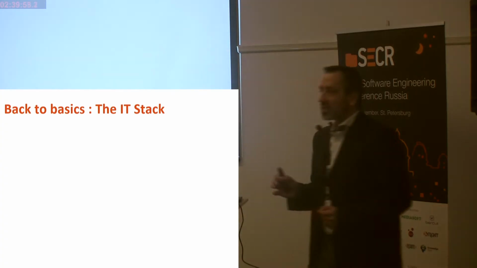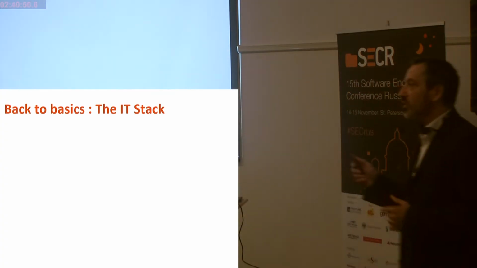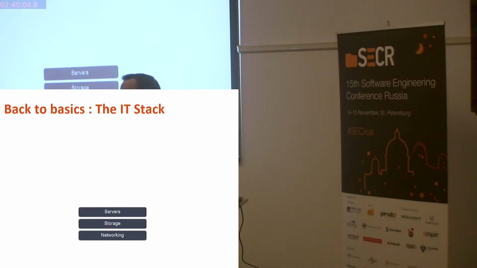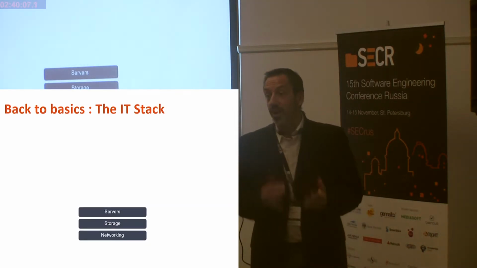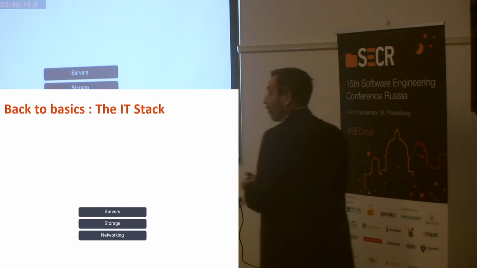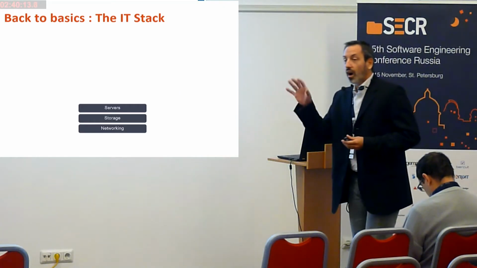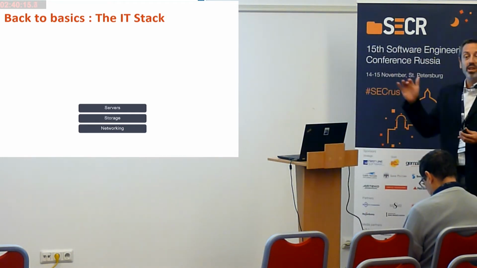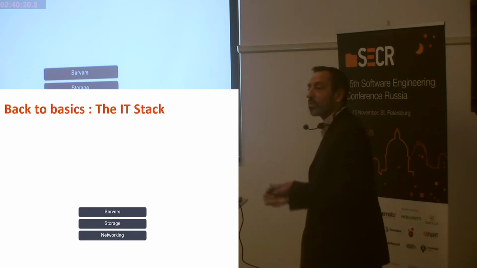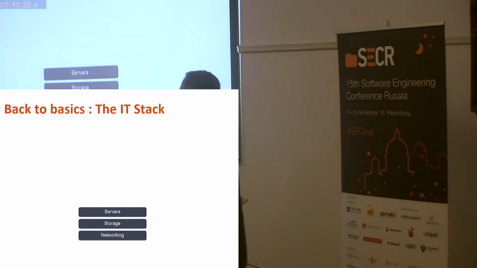So to start, I'd like to quickly start with the basics, the IT stacks. When you want to deploy and to run an application, you have a set of requirements. First of all, you need some hardware. Hardware pieces, such as CPU power, such as storage to store data, networking to make the communication all together.